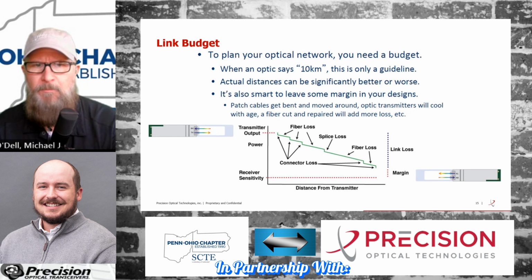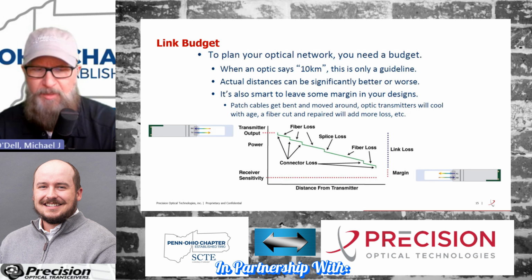But if you're using a 40-channel mux, your passband loss is increased accordingly. You might not even get 120 kilometers. You might be lucky to get 80. Right. So the design's really important.